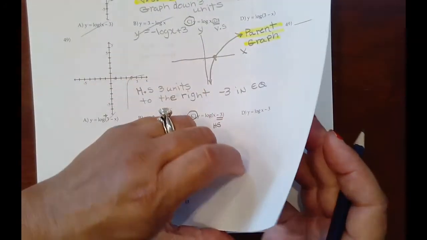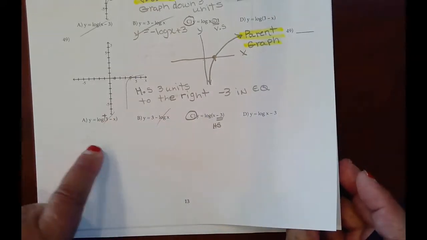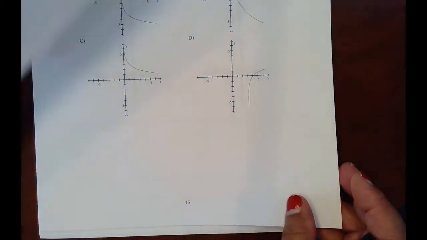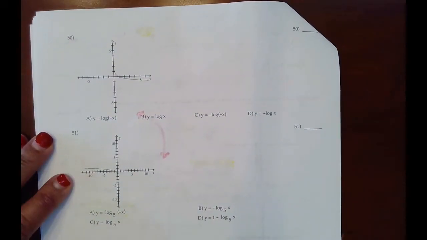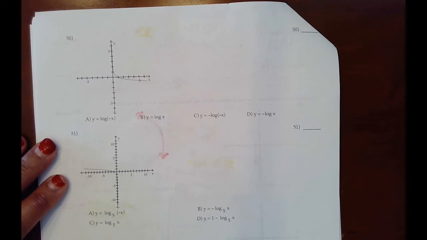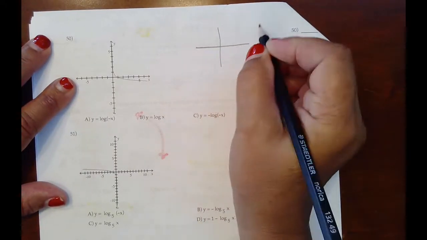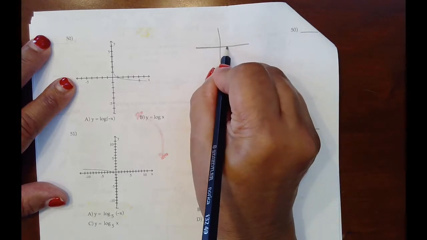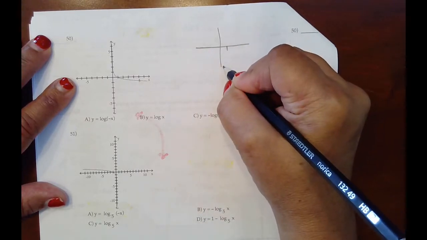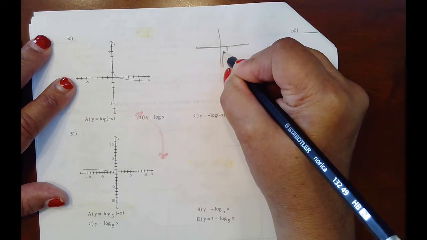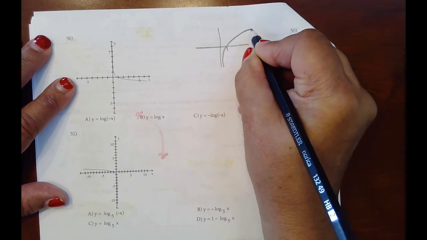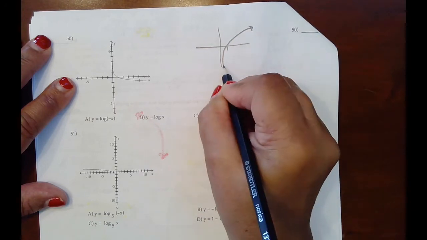You could also put it in, but then you'd have to put each one in your calculator. That's why it's better just to have a working knowledge of the shifts. Okay, here's one right here. And as I said, this is what the parent graph looks like for any logarithmic graph. It goes like this. It asymptotes against that y-axis, and then it goes through 0, 1.